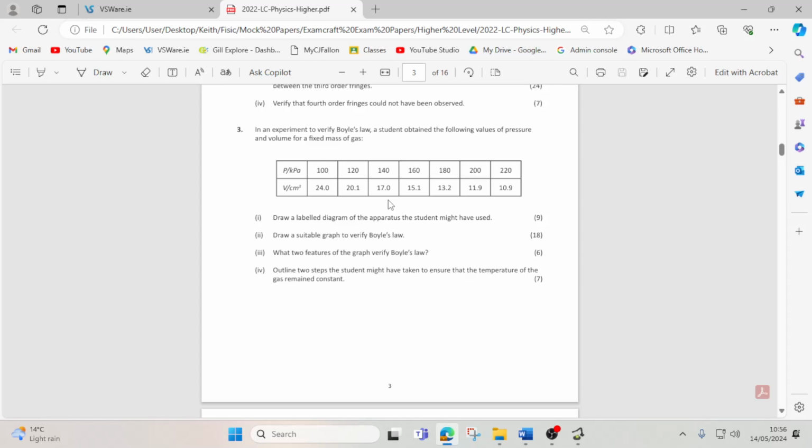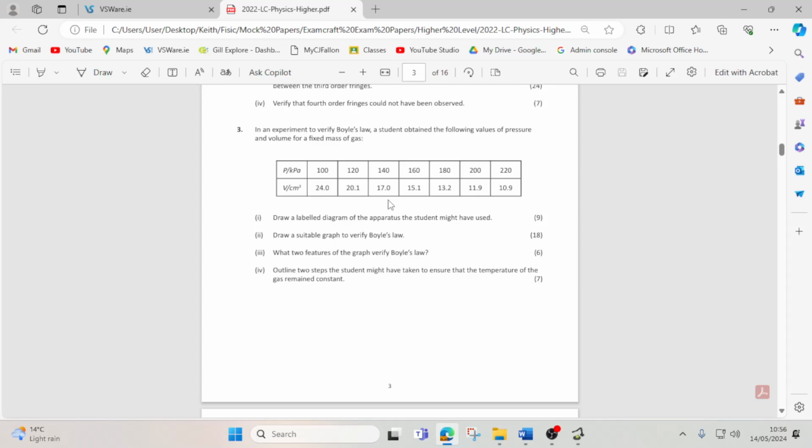Because temperature is a variable that could change in the experiment, so it is necessary to take steps. Take the readings quickly, so there's no change in temperature, because if you take too long there's a change in temperature.